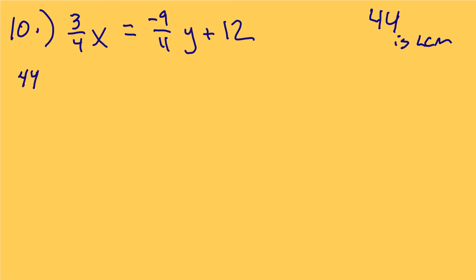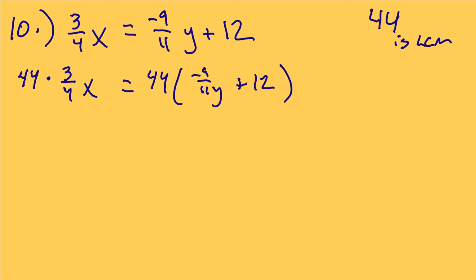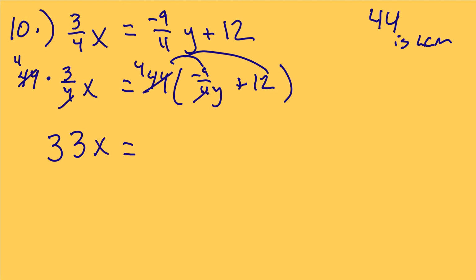So I have 44 times 3/4 x equals 44 times negative 9/11 y and 44 times 12, because remember the distributive property. So I get 44 times 3/4 is just 33x. I get minus 36y. And then really the only hard one is 44 times 12, and that is 528.